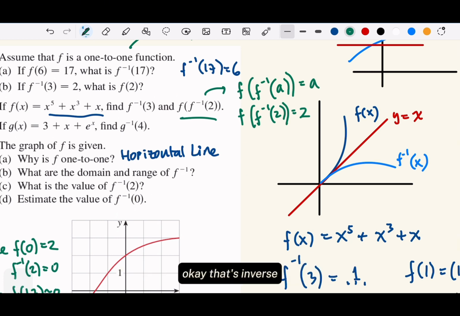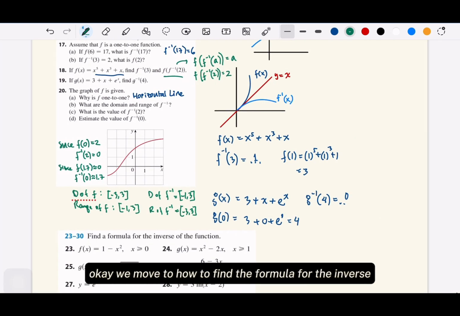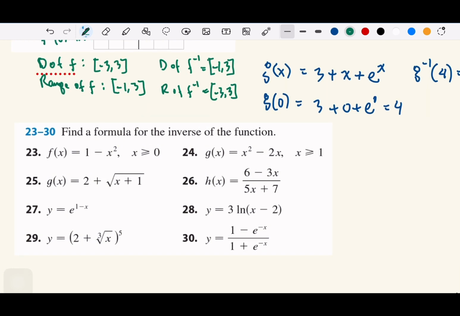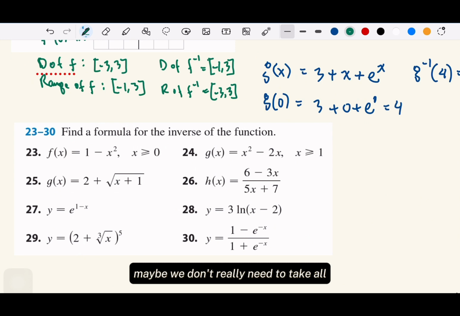Okay, that's inverse. We move to how to find the formula for the inverse. Maybe we don't really need to take all, but let me just pick 1 or 2.